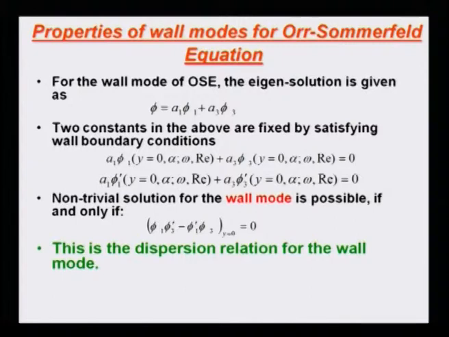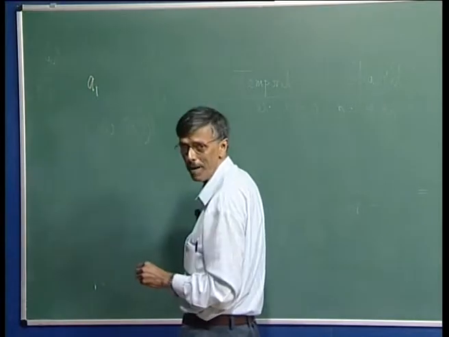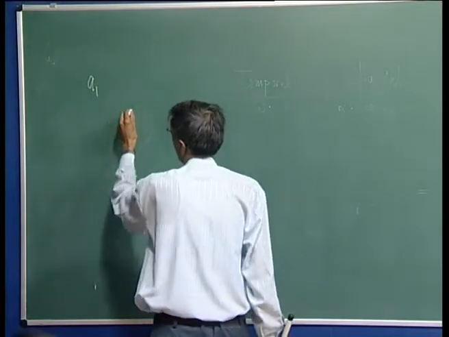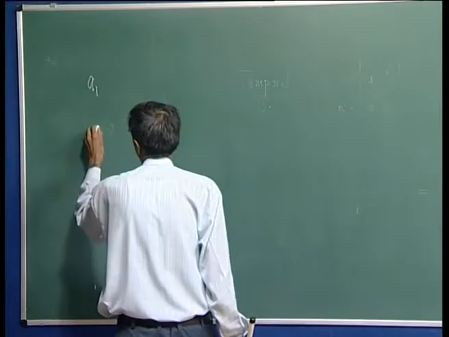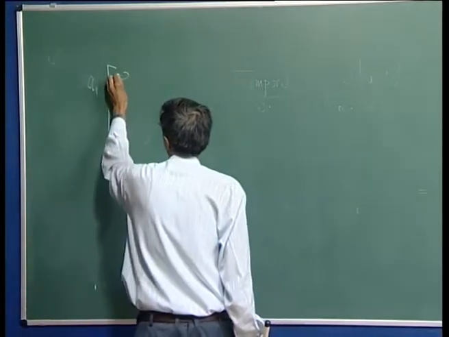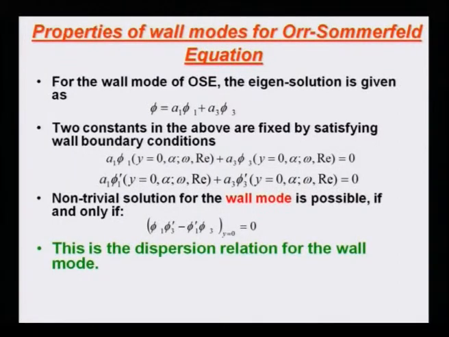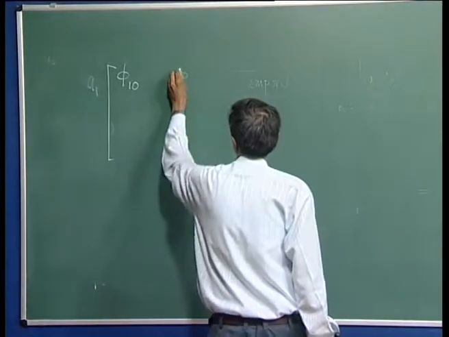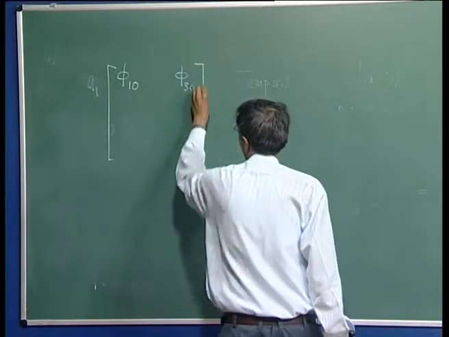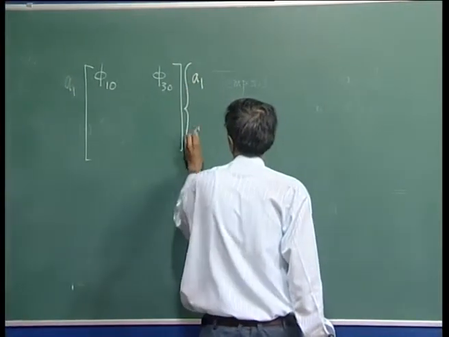So, we could write it in a matrix form: I have phi 1 evaluated at 0, and phi 3 evaluated at 0, and my unknowns are basically A1 and A3.